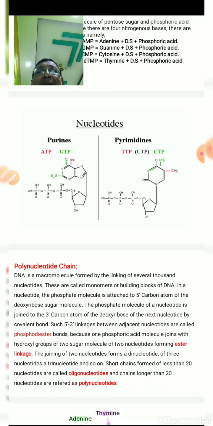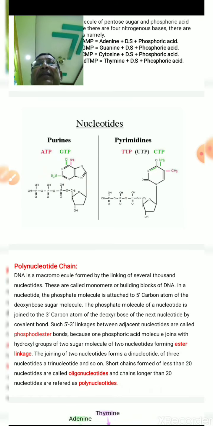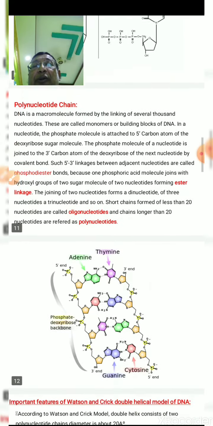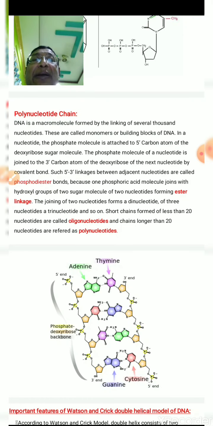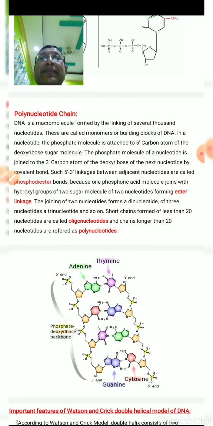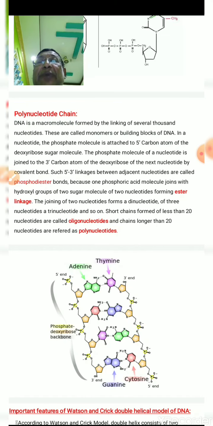Now another important term arises: what is a polynucleotide chain? DNA is a macromolecule formed by linking several thousands of nucleotides. They are called monomers or building blocks of the DNA.